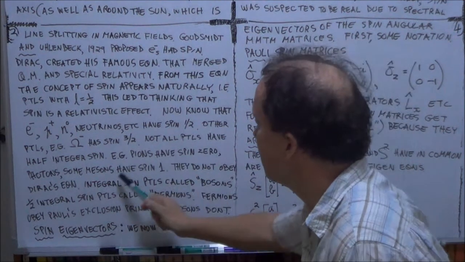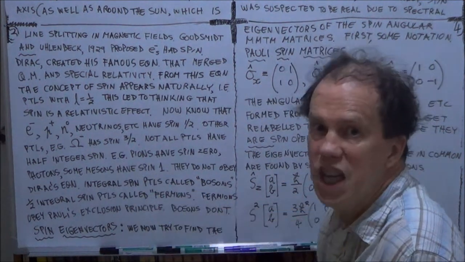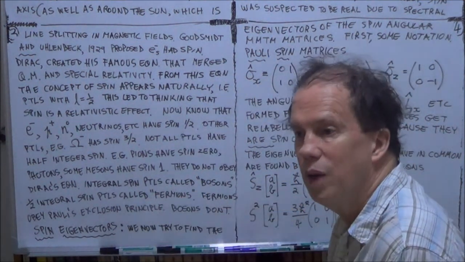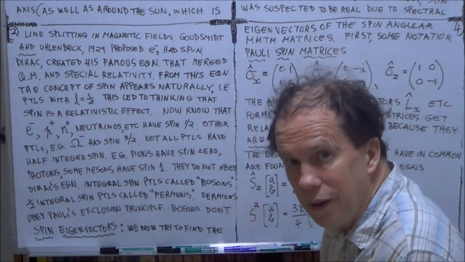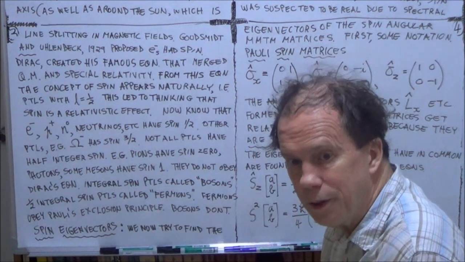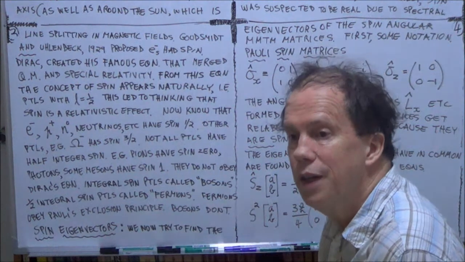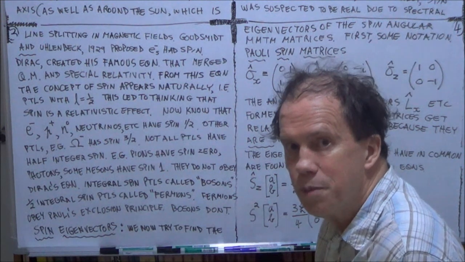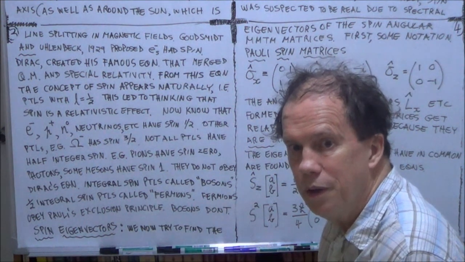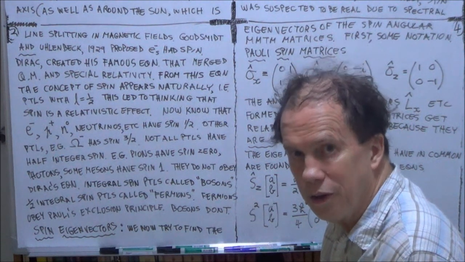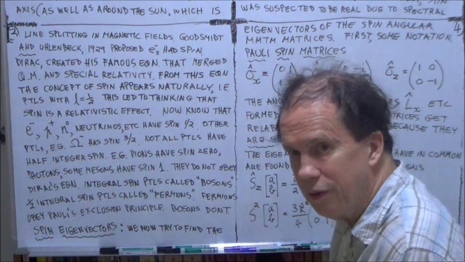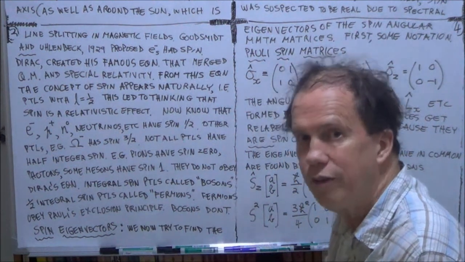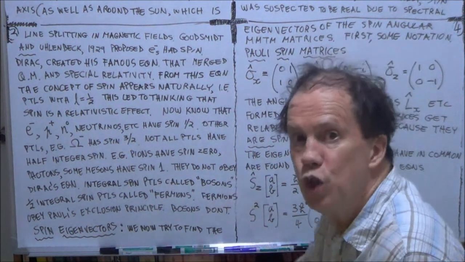Now, interestingly, the particles that have integer spin, like 1, 2, the graviton, the hypothetical quantized particle that's responsible for the interaction of the gravitational field, the graviton, the particle of gravity, has spin 2.